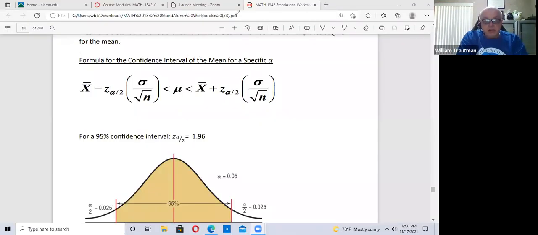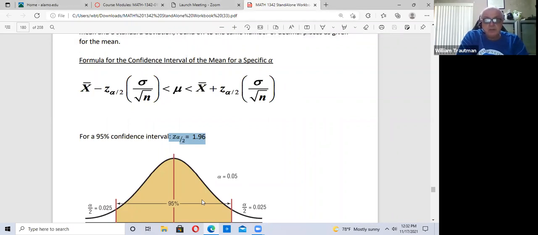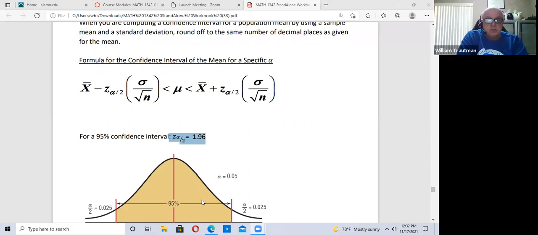Resume recording. All right, so we're going to now use the TI Nspire to find how Z equals 1.96. For a confidence interval of 95%, the Z alpha over 2 equals 1.96. So I'm going to go to my calculator page and we're going to plug that in.